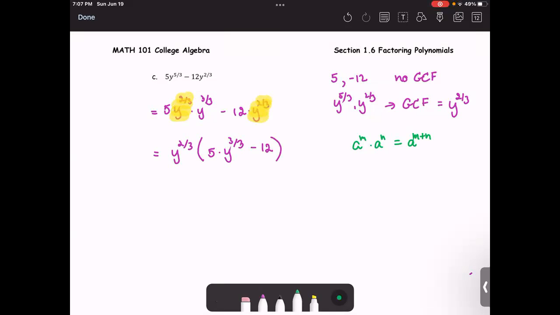Note that y to the power 3/3 is y to the first power, which is the same as y. So we write it in the nicer form as y to the power 2/3 multiplied by 5 times y minus 12.